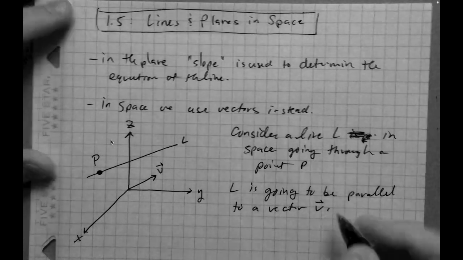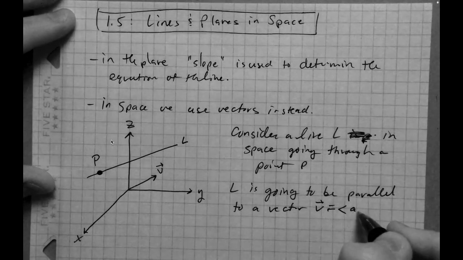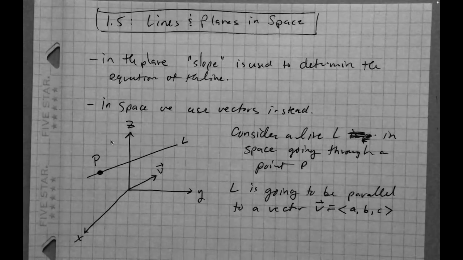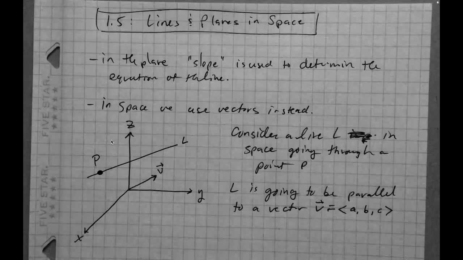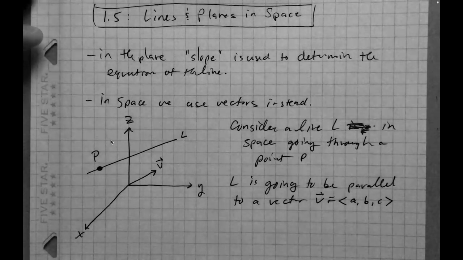Let's put some notation on v. So v is <a, b, c>, we'll say. The components are a, b, and c.